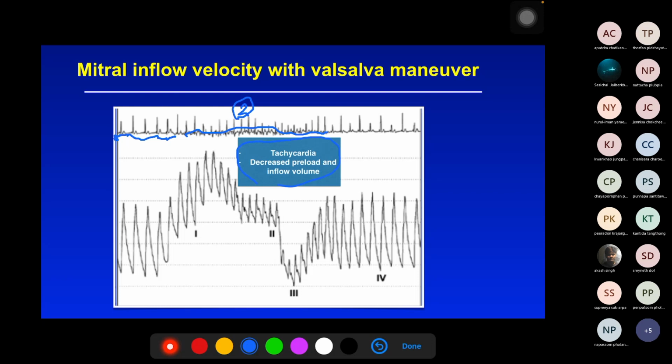Then you see the volume back to the heart is decreased, and also the volume to the lung and to the left side of the heart is decreased. So you might see the blood pressure across the mitral valve is also decreased. We use this physiology and apply it to the MV inflow from the echo.